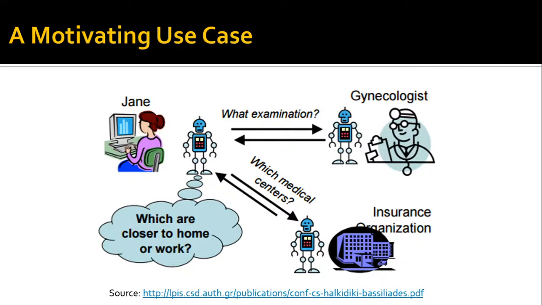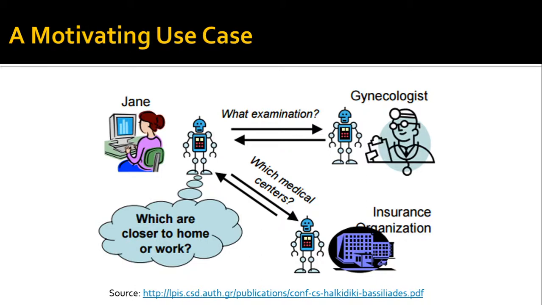So to start with, let us take a motivating case, basically a use case that will be useful to derive a set of requirements for the semantic web. So this is a hypothetical situation where Jane is a working lady working in, let's say, one organization in a city in some country, right?